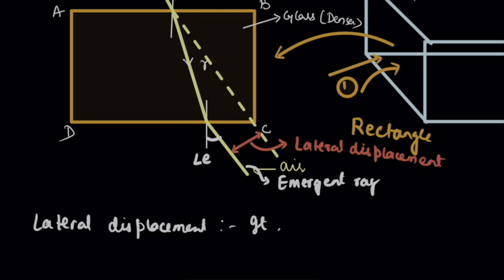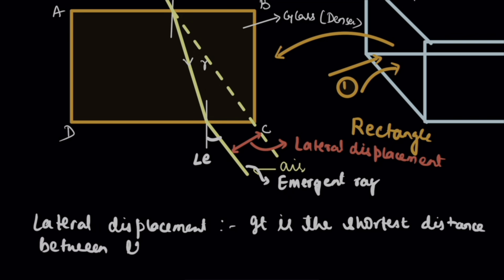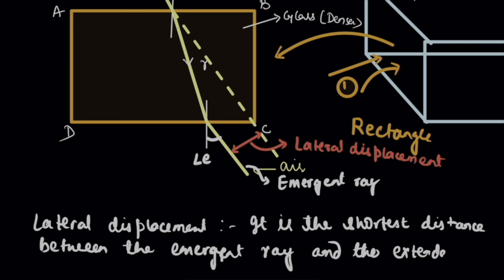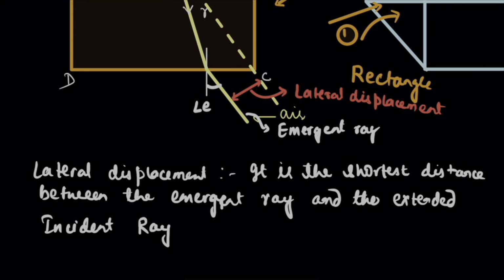It is the shortest distance between the emergent ray and the extended incident ray. Shortest distance means displacement, and displacement is always possible when we draw a perpendicular over it. I hope that you understood this part completely.